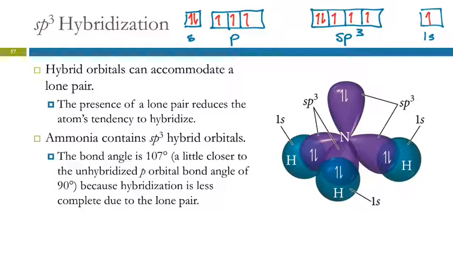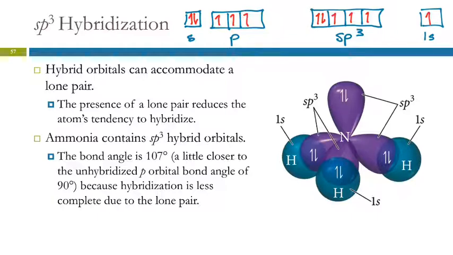And the reason for that is because of this lone pair, this hybridization is not complete. It's a little bit iffy. Thankfully, we don't have to get into exactly how iffy it is, but what it means is that these three hybridized orbitals here are a little bit more like p orbitals. They're not all exactly the same, and so that accounts for the different bond angle.